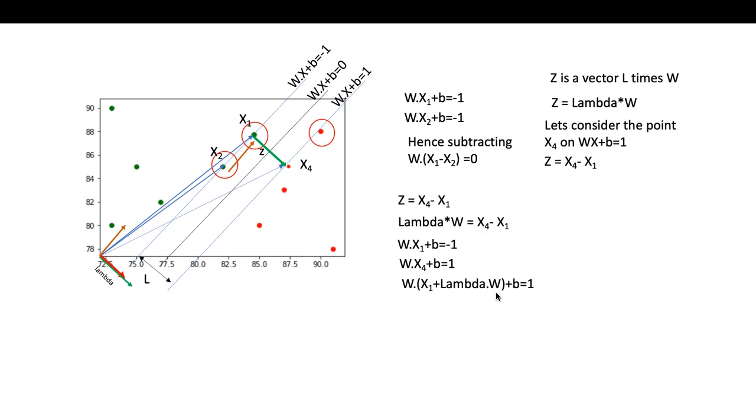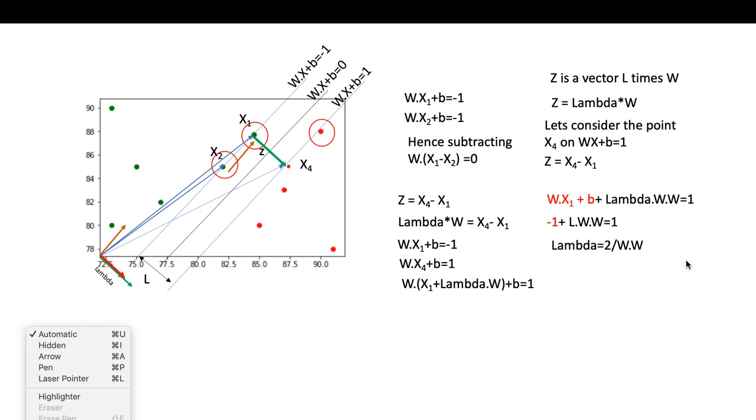So wx1 plus lambda w dot w plus b equals 1, and then if you replace wx1 plus b, we know wx1 plus b is minus 1. If you replace that, you get this equation, and from there you get lambda.